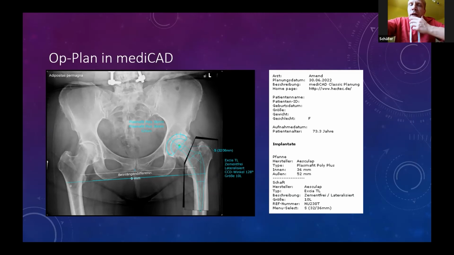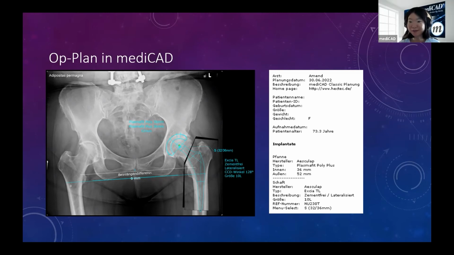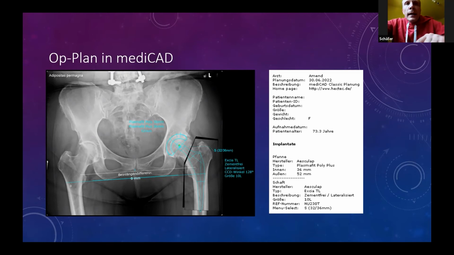I want to add a point. When I notice that this case is a complex case, that is not the everyday case, I will do the plan in anterior-posterior and lateral.